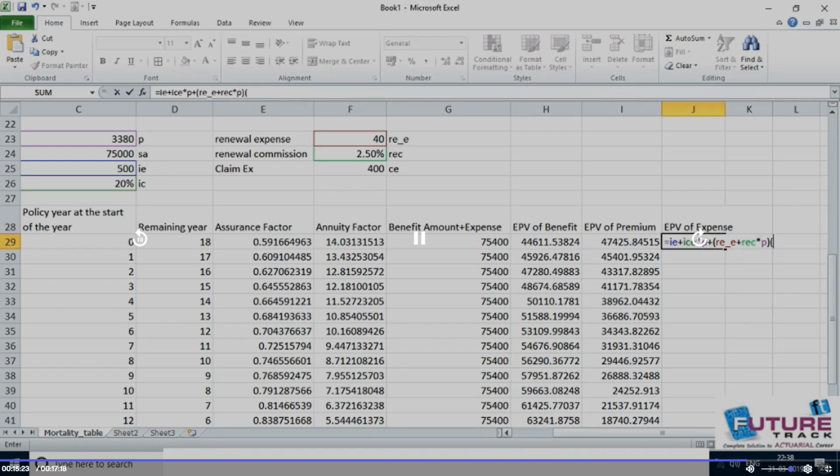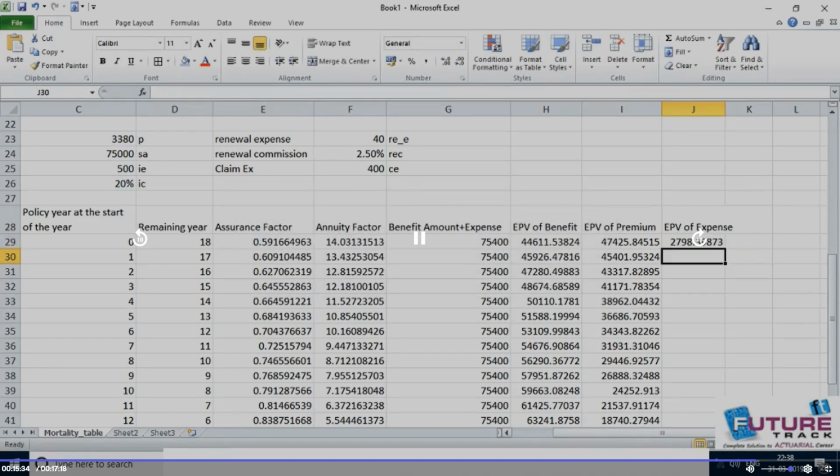We have to multiply this by A due x minus 1, fine. Anything left? Okay, enter. So we get EPV of expense as this.